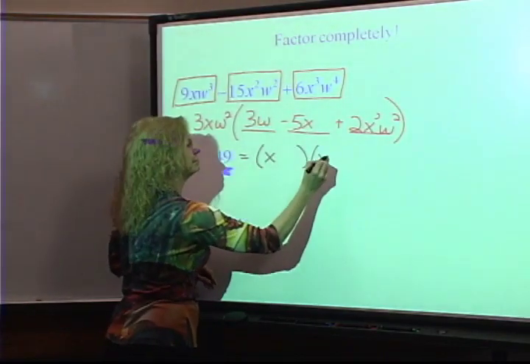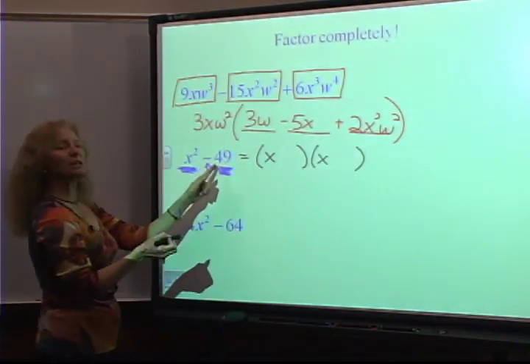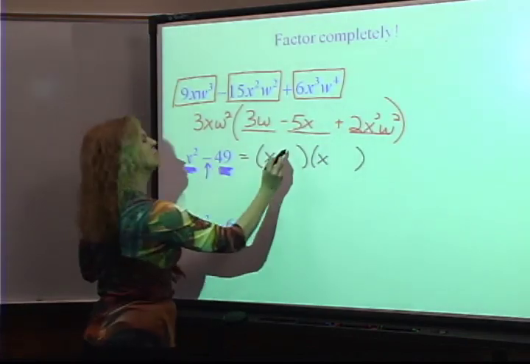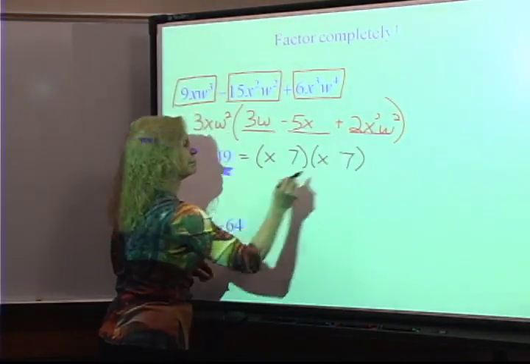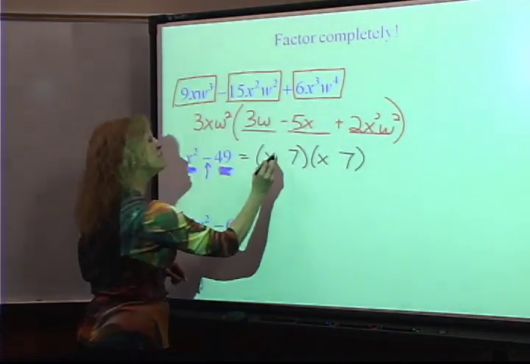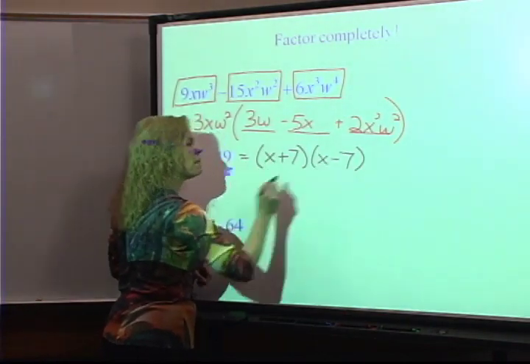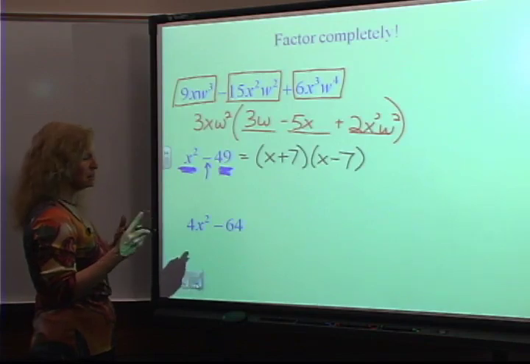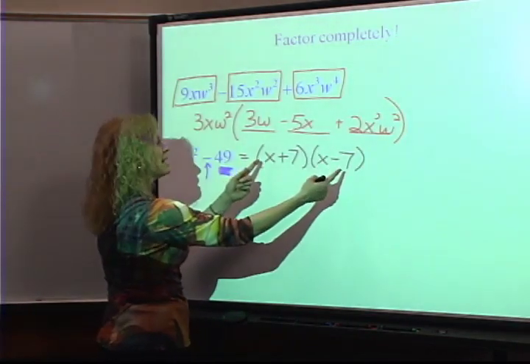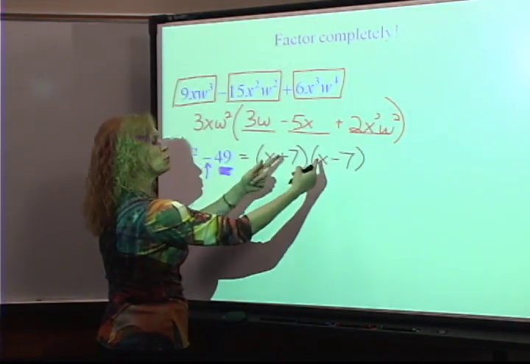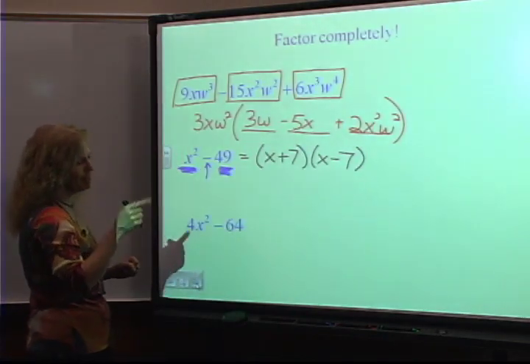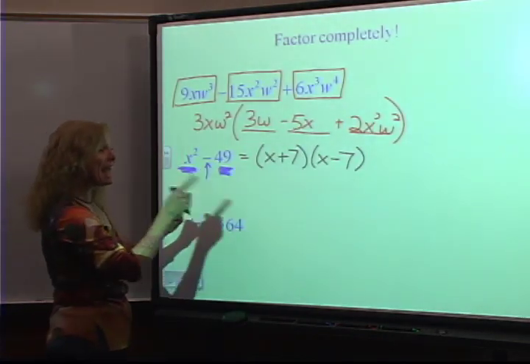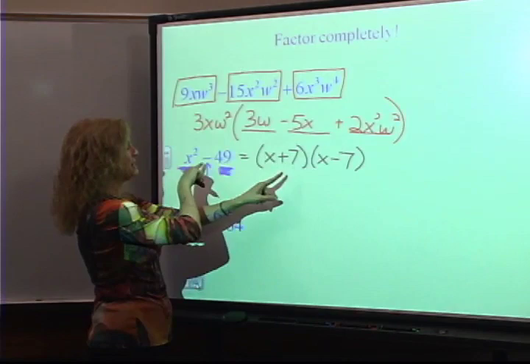X. What squared gives me 49? 7. And then you do one of them plus, one of them minus. Why did we need to do that? Well, the reason we needed to do that is because then the middle terms will drop to 0. That's why I have 2 terms. And the last term will be negative.